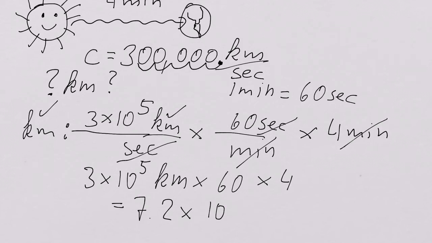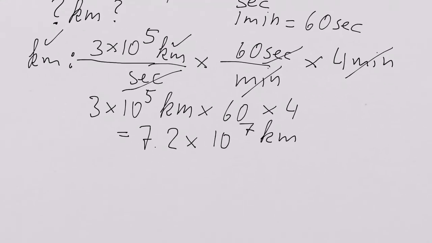Is that right? Have I calculated it right? Oops. Times 10 to the 7 kilometers. Got it? This is the principle of dimensional analysis. Right.